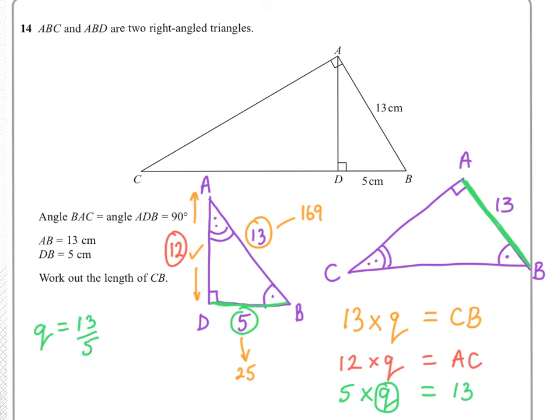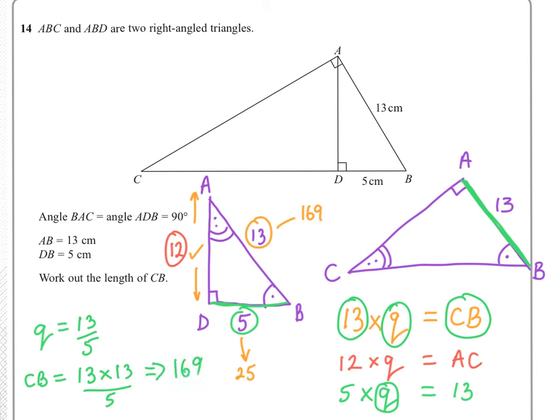So we can find CB now, because CB is just 13 times Q, which is 13/5. So the answer is 169/5, which is the same as 338/10, which is nicely 33.8.